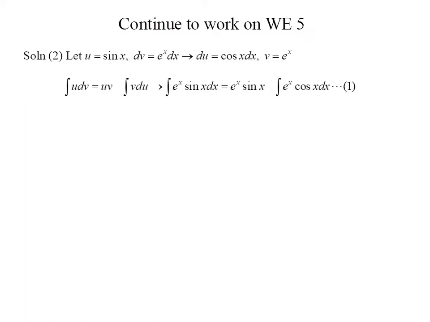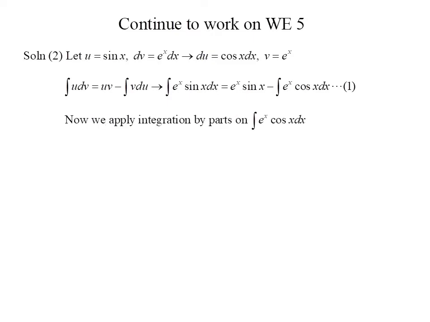Here we continue to work on the second antiderivative of example 5. We start by letting u equals sine x and dv equals e to the x dx. That gives du equals cos x dx and v equals e to the x. Hence, the antiderivative is written as e to the x sine x minus the integral of e to the x cos x dx.